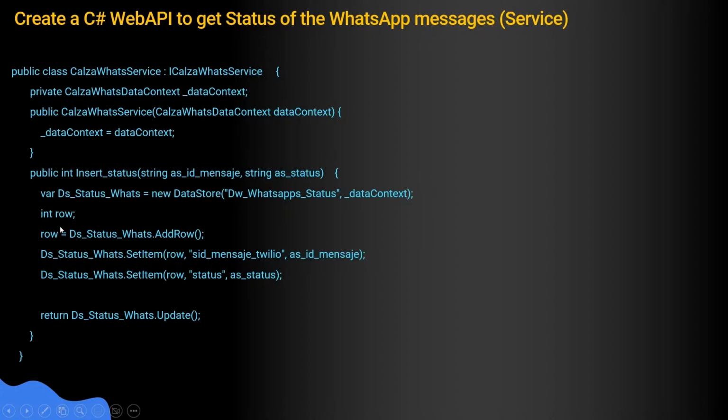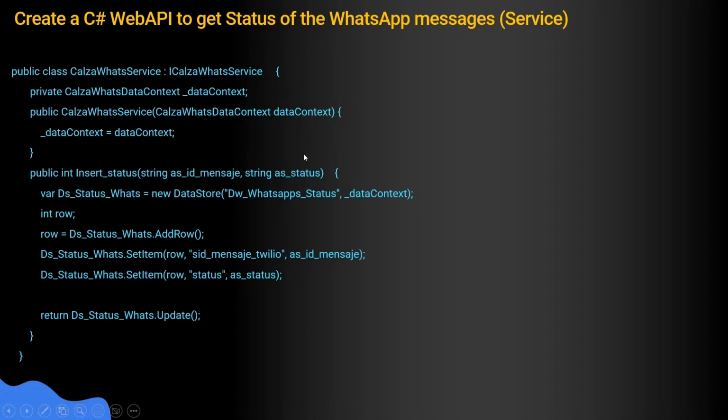Again, you insert or add a new row to that data store, then you set the item for the SID of the message in Twilio, and then you set the item for the status: read, delivered, or sent. And that's it. We just update our data window, and we have the changes in our table.